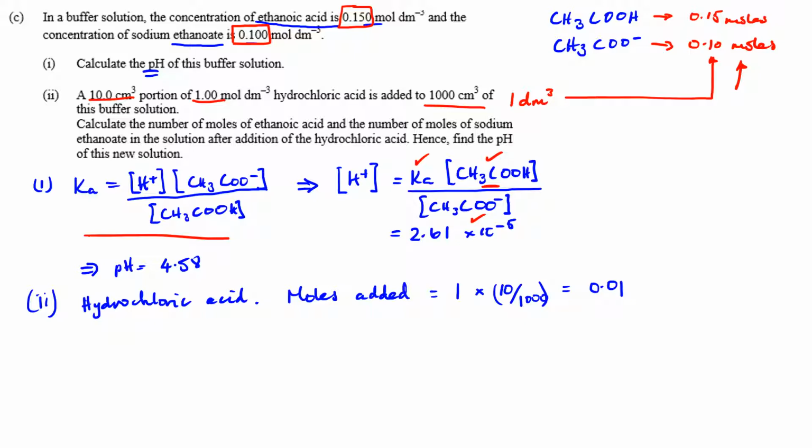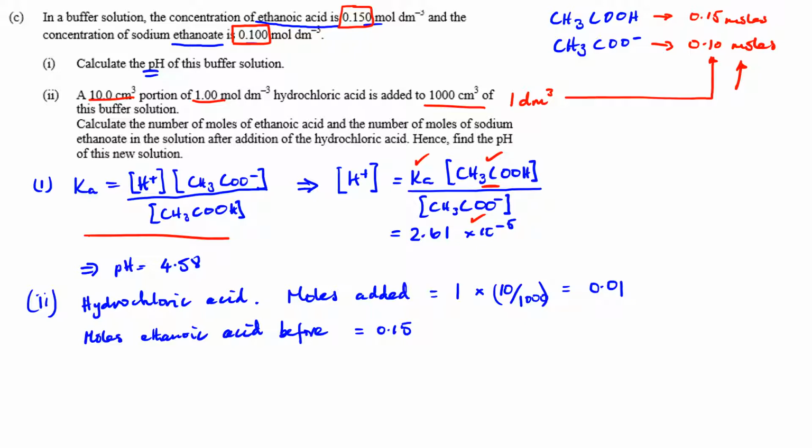Okay, so let's go on. As we found out already, the moles of ethanoic acid before the addition of the hydrochloric acid is 0.15, straight from the question.